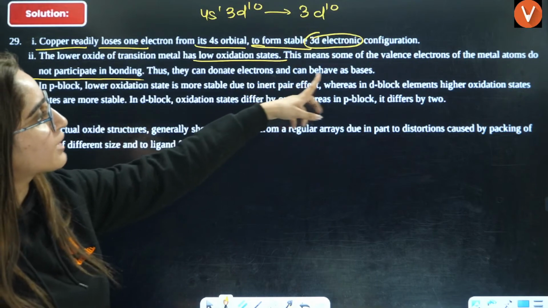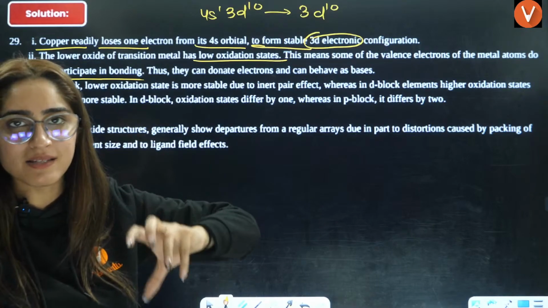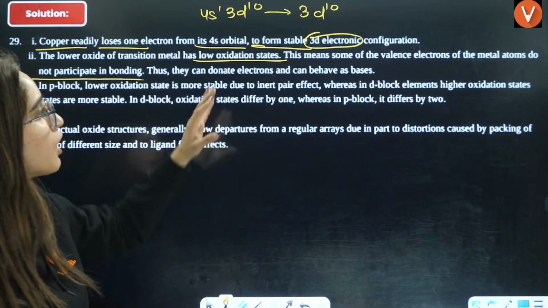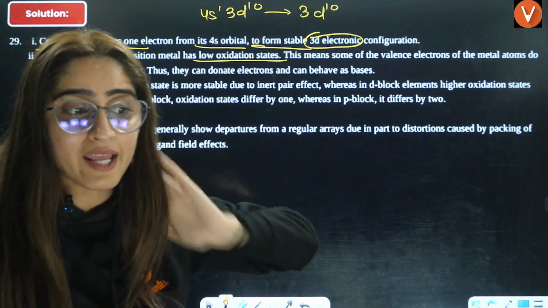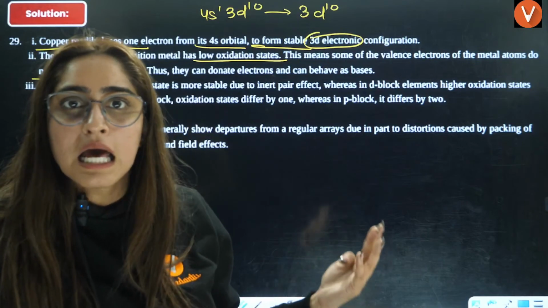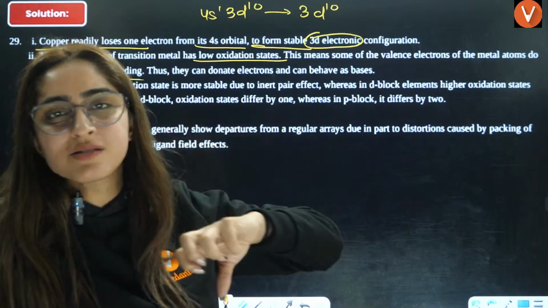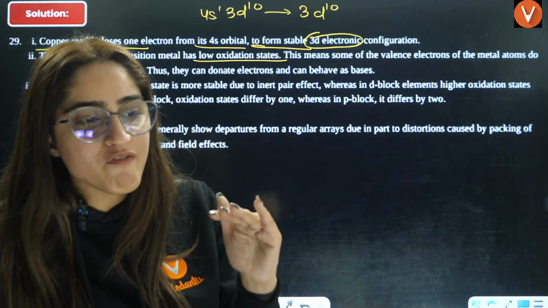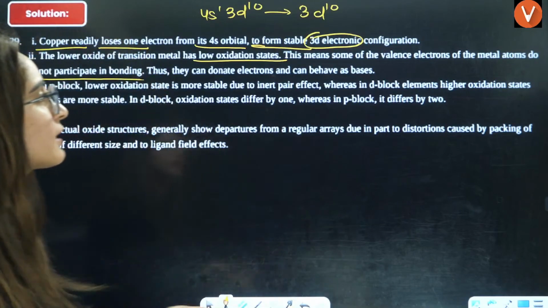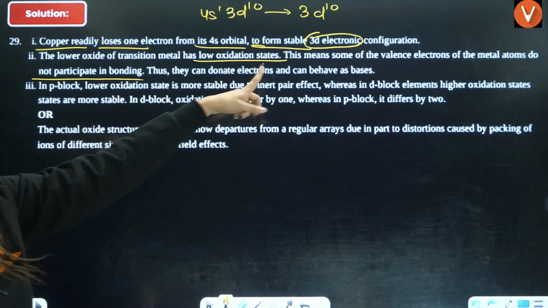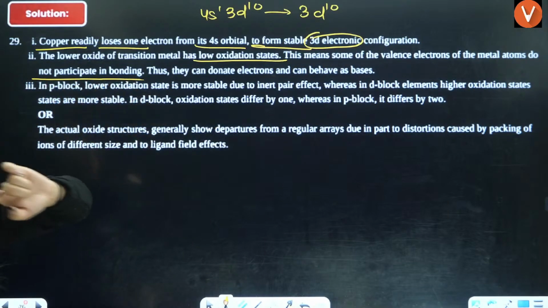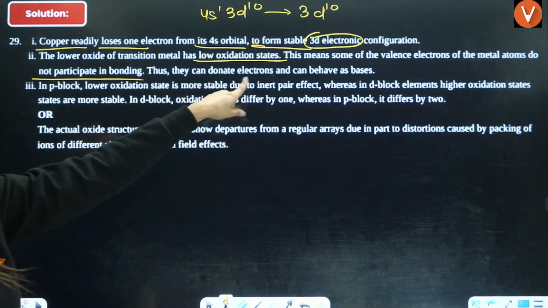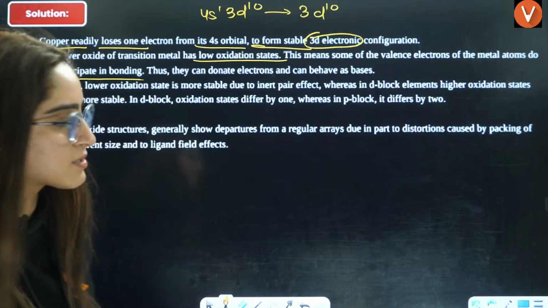They can donate electrons and can behave as bases. What are bases? Right, those which can donate electrons, like Lewis bases, ions, lone pairs. These are the bases. So in the lower oxidation state, they have enough electrons to be donated, right? That's why some of the valence electrons of the metal atom do not participate in the bonding, and they can donate electrons and behave as bases.